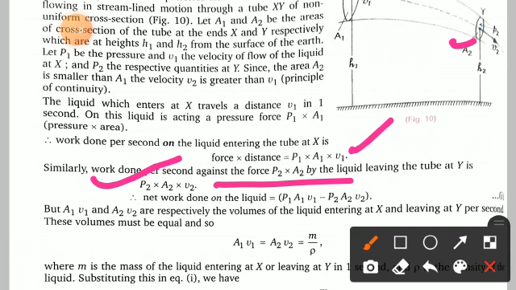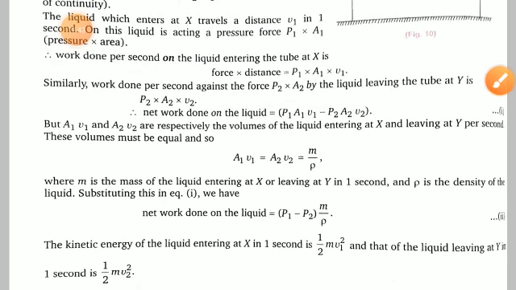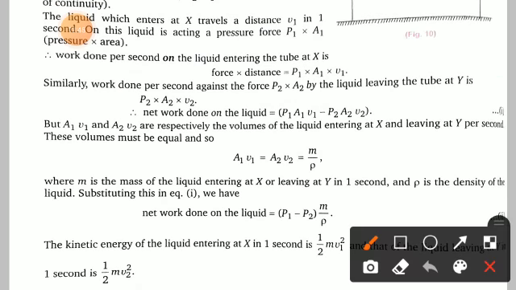If we find the net work done on the liquid, it is P1 A1 V1 minus P2 A2 V2. But A1 V1 and A2 V2 are respectively the volumes of the liquid entering at X and leaving at Y per second.